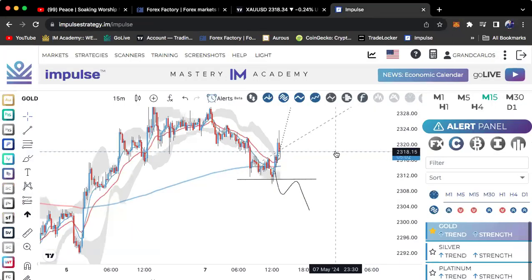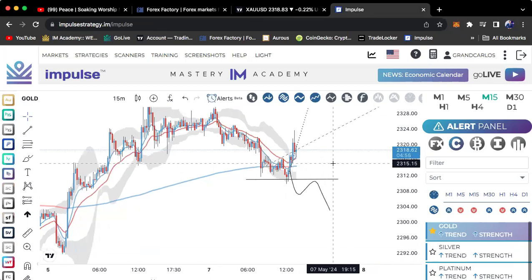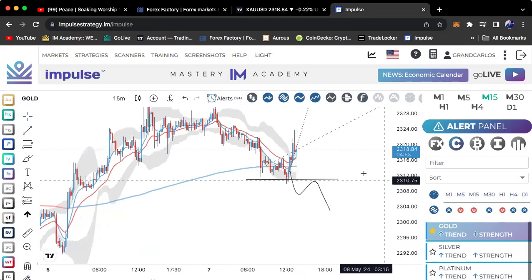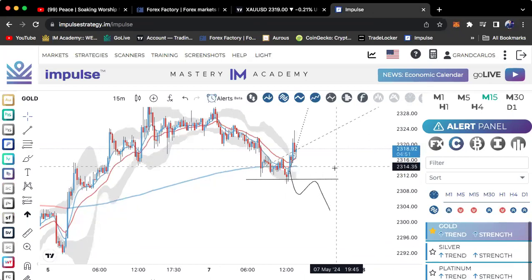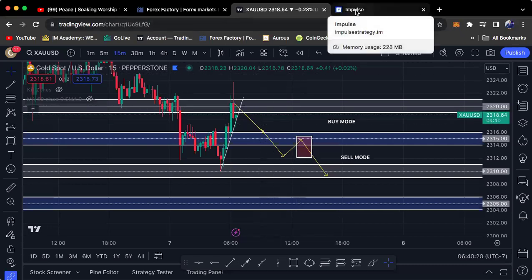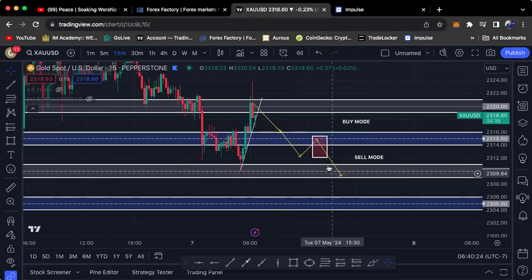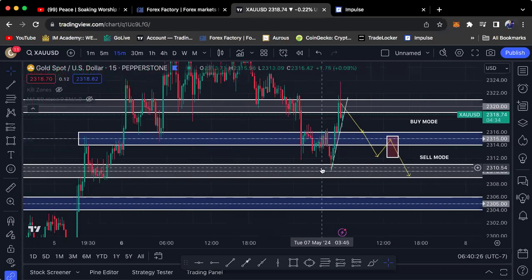23.15. If it crosses below 23.15, it's close to giving me that confirmation to the downside, but really to confirm it is below 23.10.